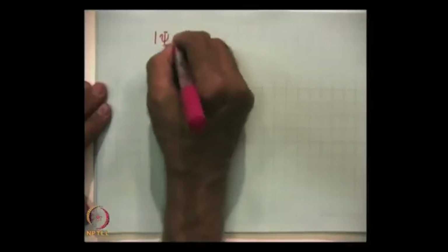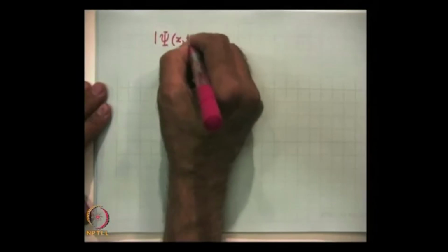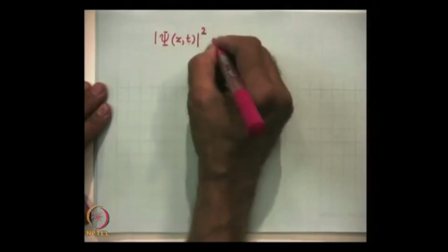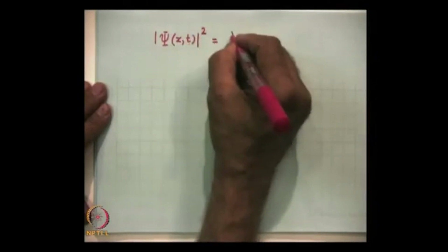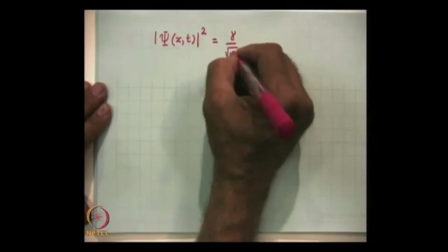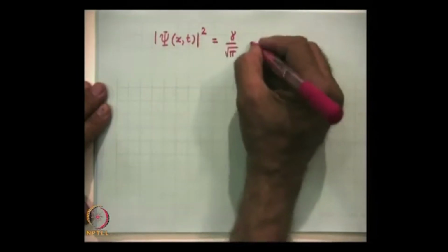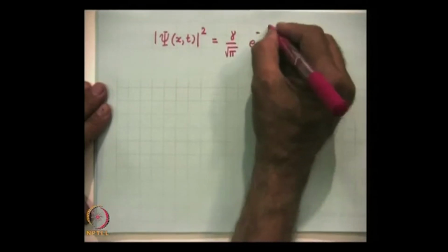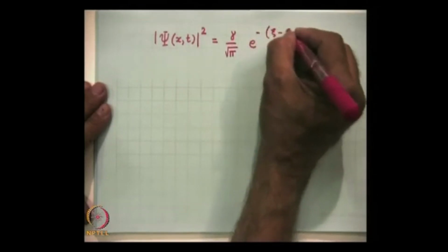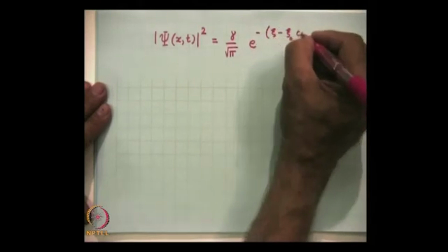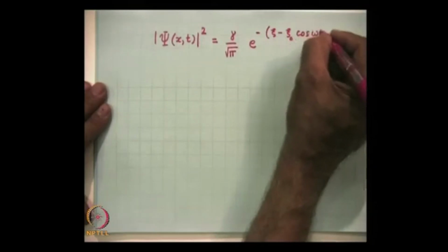So, you will get, if I sum that and take the complex conjugate of that and then multiply, that is mod psi of x comma t square is equal to gamma by root pi e to the power of minus (xi minus xi 0 cos omega t) whole square.